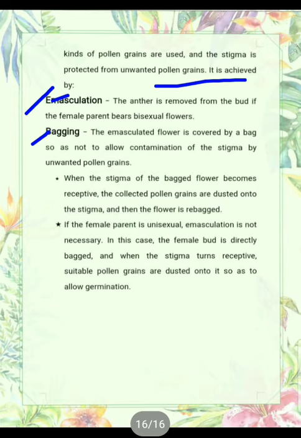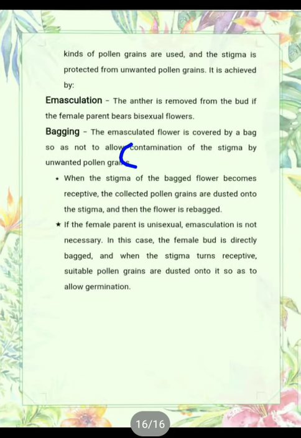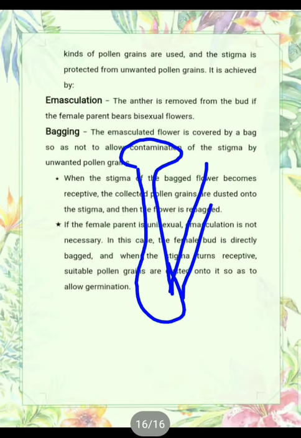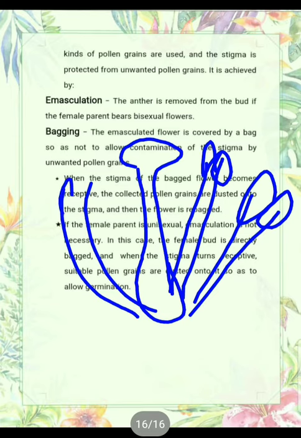Emasculation: the anthers are removed from the bud when the female parent bears a bisexual flower. What is the meaning of that? For example, this is the flower, stigma, style and ovary, and these are the anthers. Clear? So before maturation of the anthers, the anthers are cut from that side.